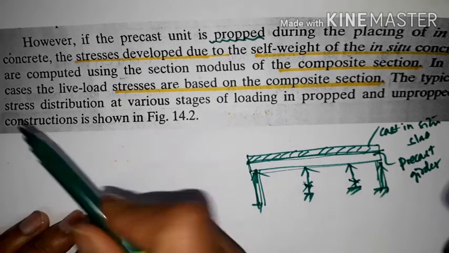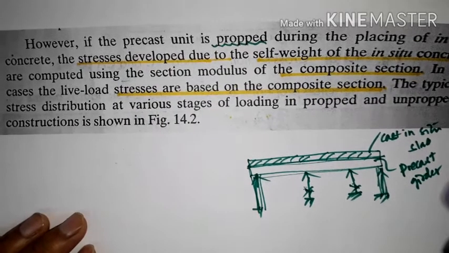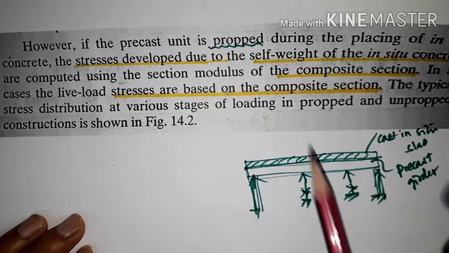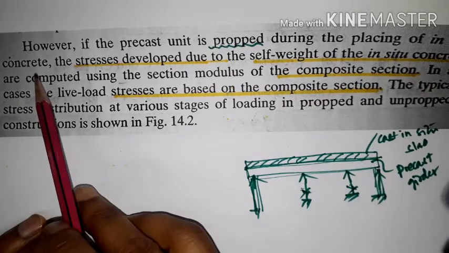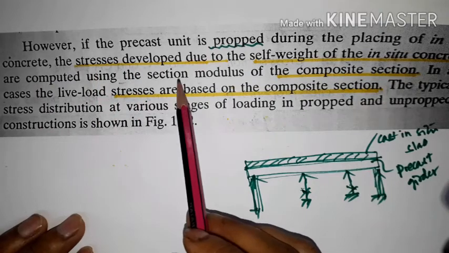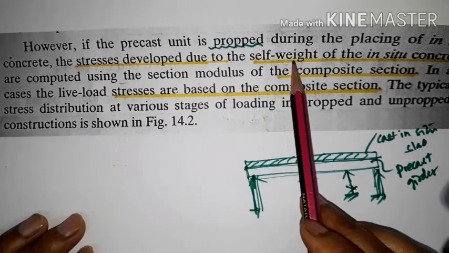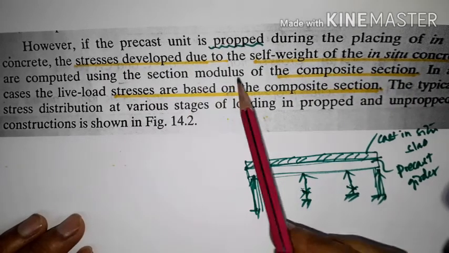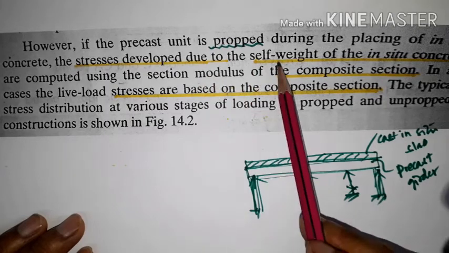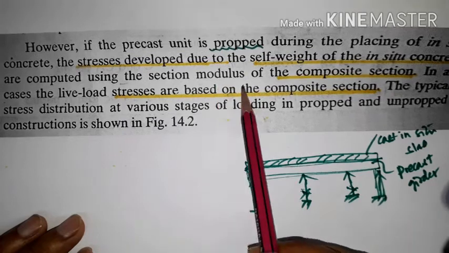Okay. So however, if the precast unit is propped during the placing of in situ concrete, the stresses developed due to self-weight of the in situ concrete are computed using the section modulus of the composite section.